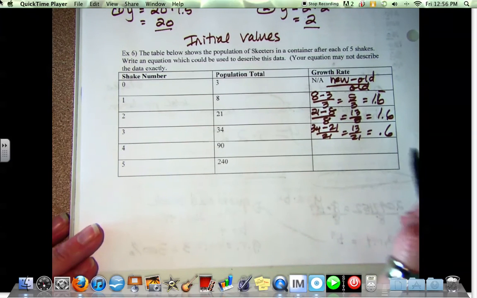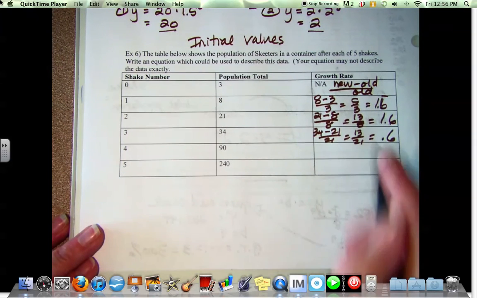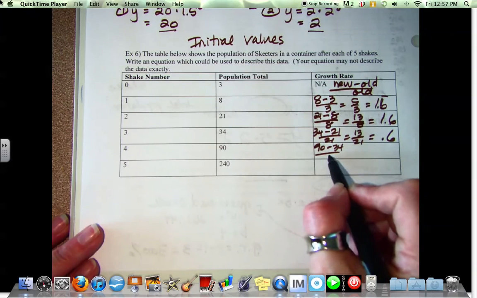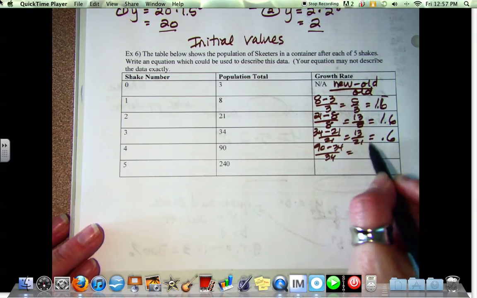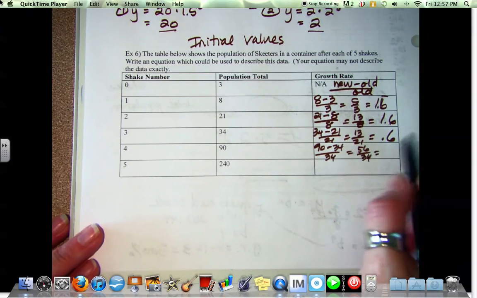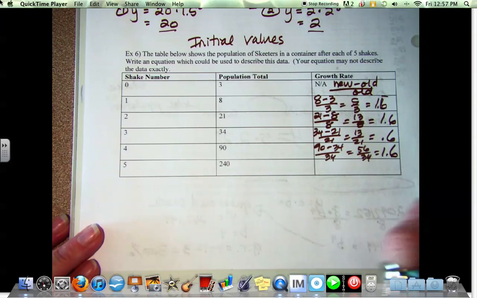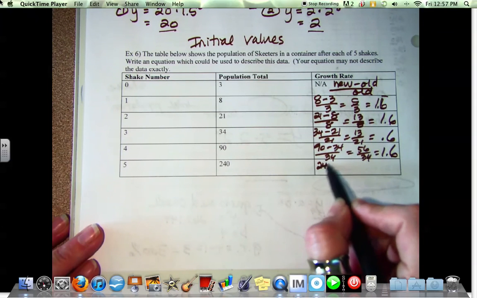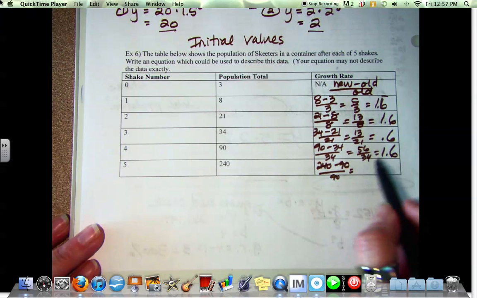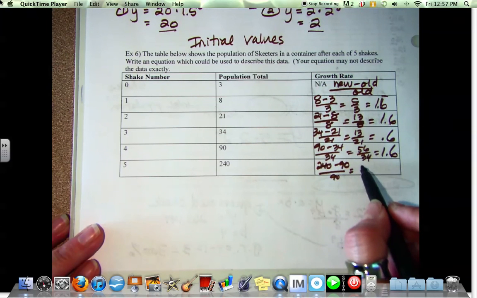Shake number 4. What's our new? Minus old, divided by old, gives us 56 over 34. And 240 minus 90 divided by 90 gives us. Okay.